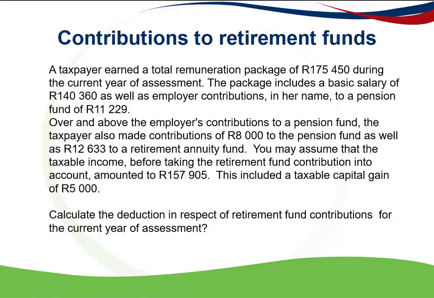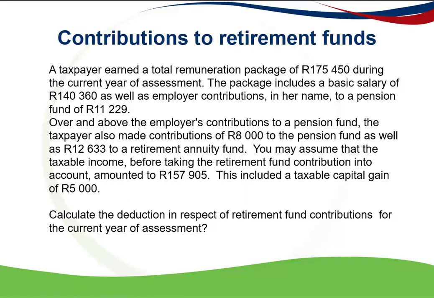You can assume that the taxable income before taking the retirement fund contributions into account amounted to 157,905 Rand, and this included a taxable capital gain of 5,000 Rand. So the question asks us to calculate the deduction in respect of the retirement fund contributions for the current year of assessment.